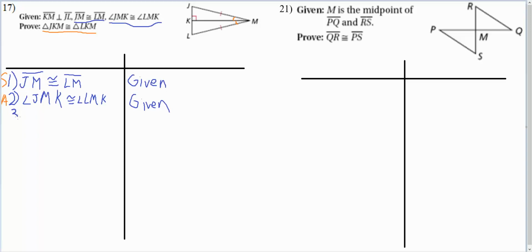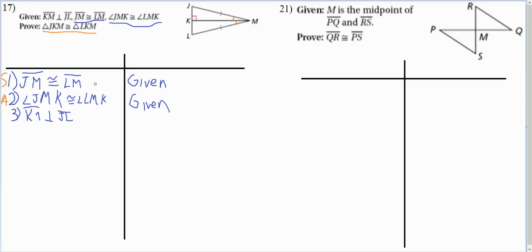Alright, so going back, number 3, we're going to pull out this perpendicular KM and JL. And I'm going to fix this M really quick.